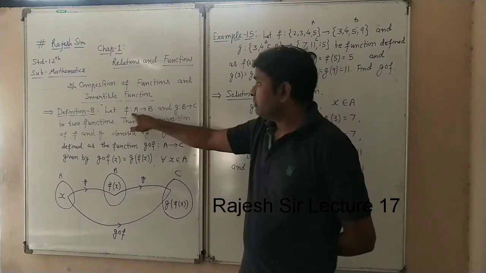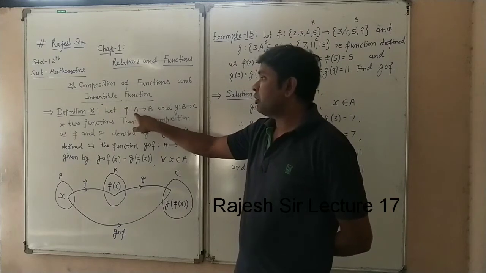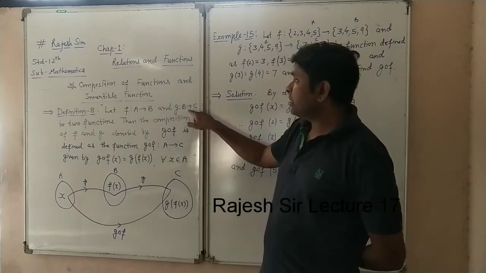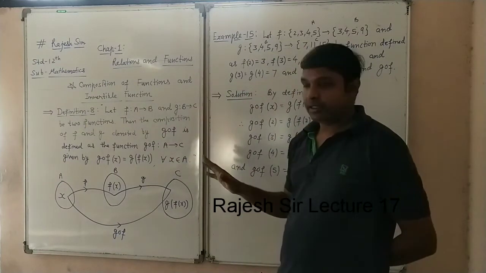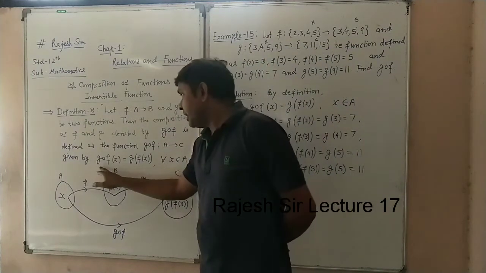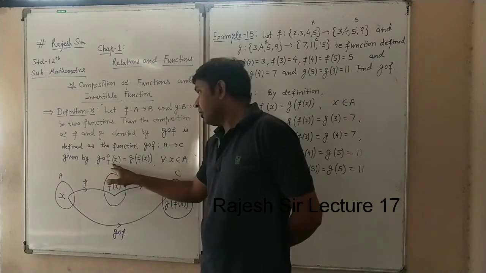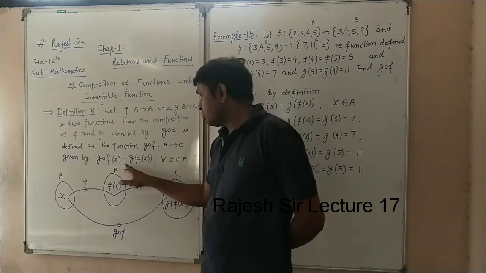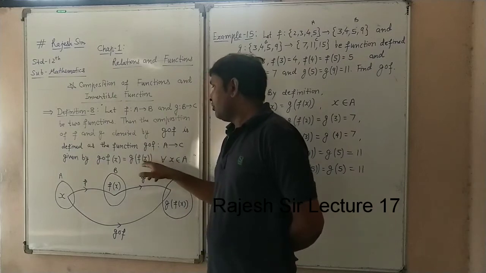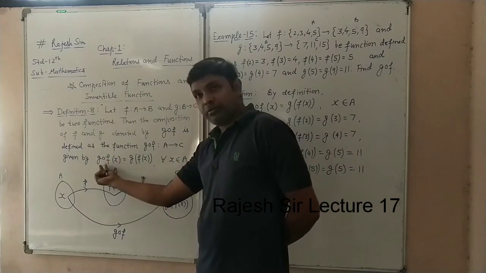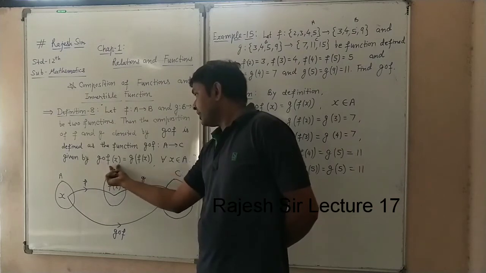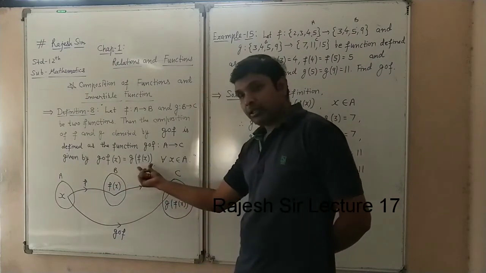See, the function f was from A to B and g from B to C. So gof is from A to C, and given by gof(x) equals g(f(x)). This way we can write; o means 'of' here.